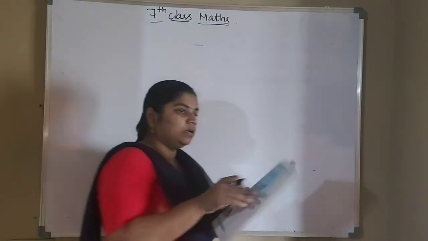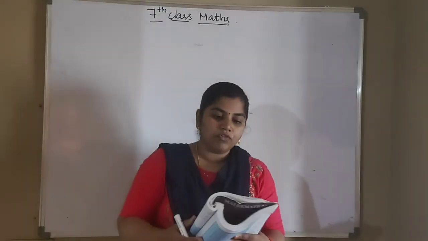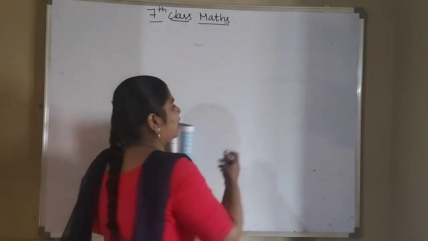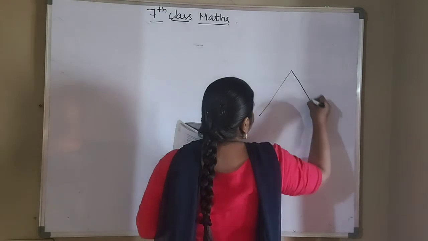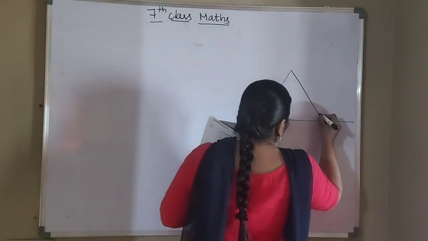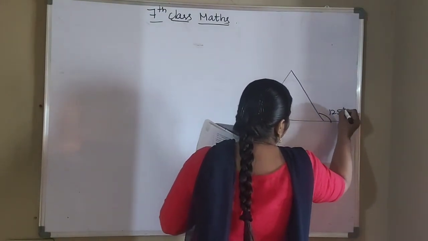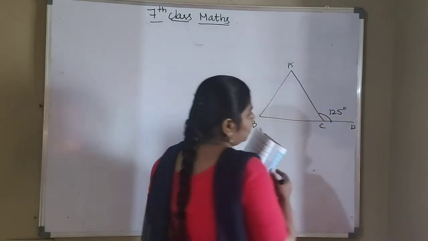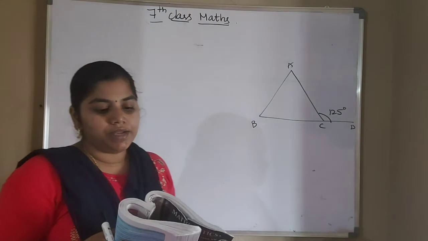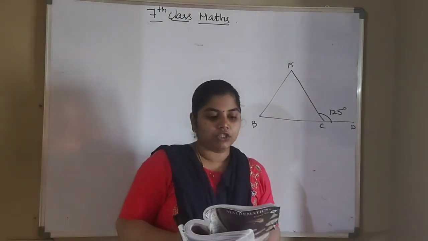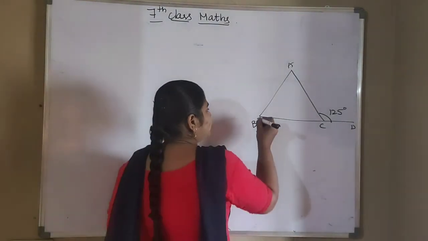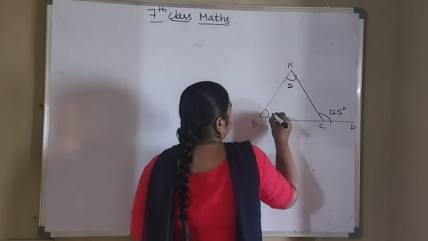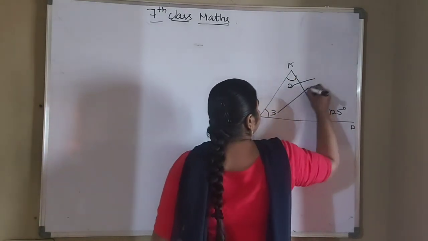What is the 7th one? One of the exterior angles of a triangle is 125. In a triangle, one exterior angle they have given as 125. So I am taking one triangle. This part they have given as 125. Next, the interior opposite angles are in the ratio 2:3. That means these two angles are in the ratio 2 and 3.